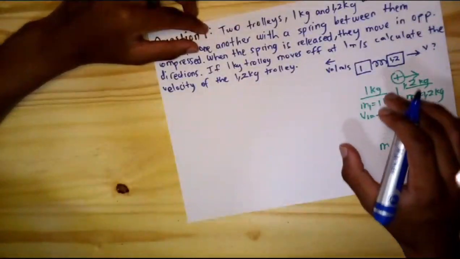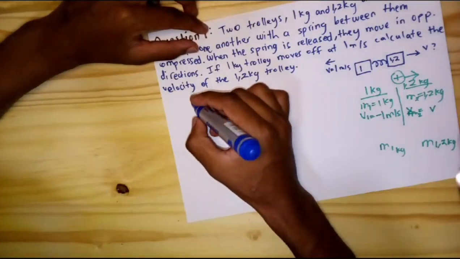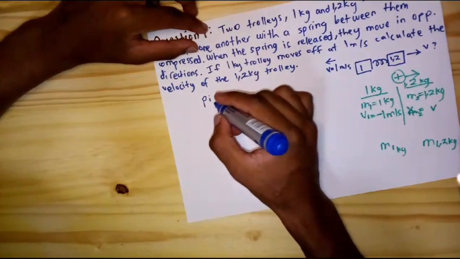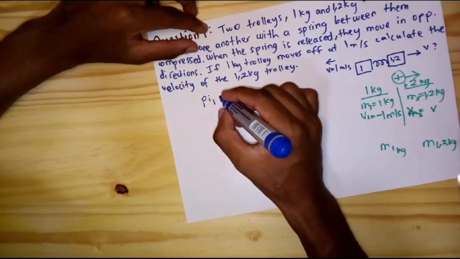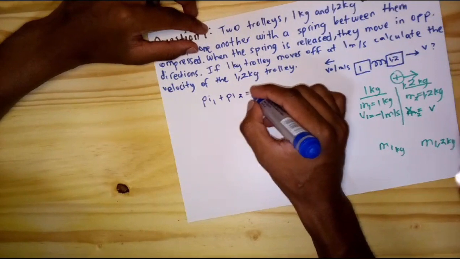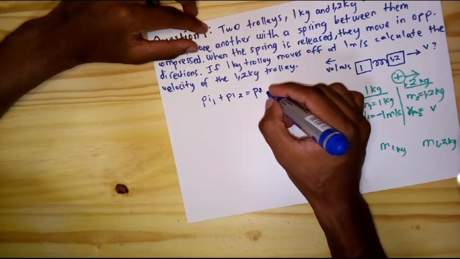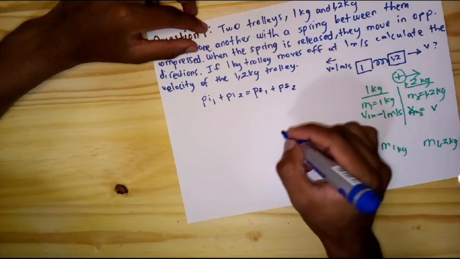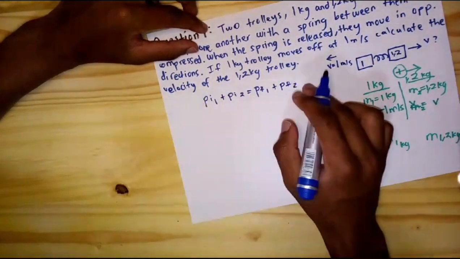So we figured out the quantities over here. What you can do is write P initial for 1 plus P initial for 2 equals P final for 1 plus P final for 2, right? Now you don't have to start here.